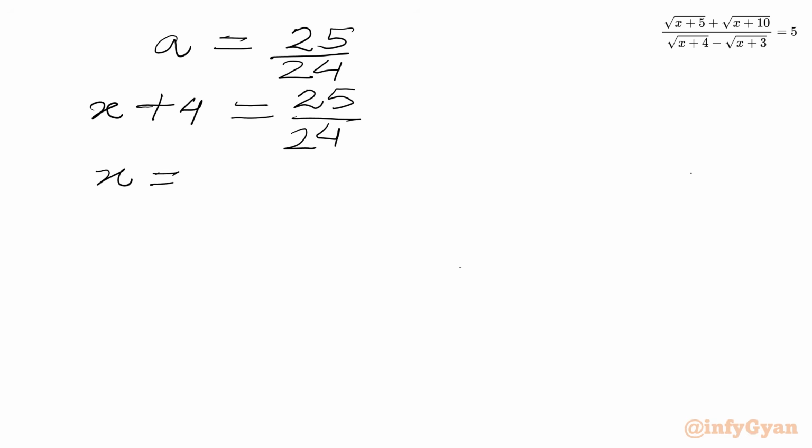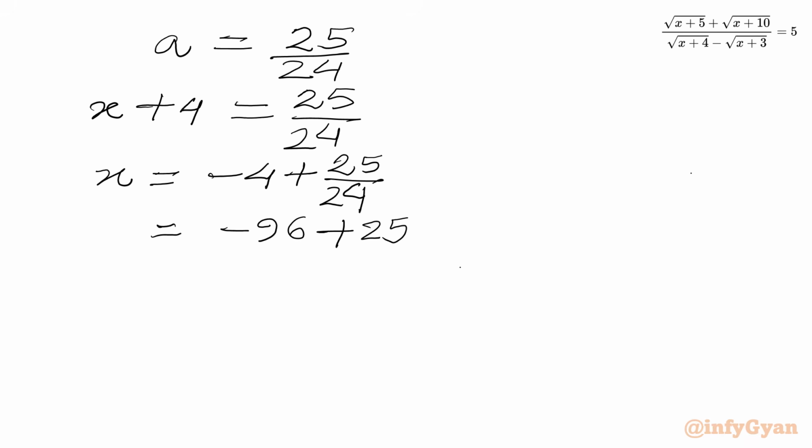So we will get x equal to minus 4 plus 25 over 24. Now we can write this will be equal to minus 96 plus 25 divided by 24, which will be equal to minus 71 over 24.